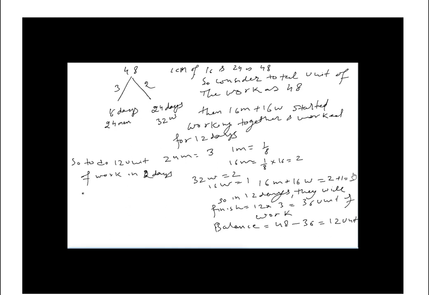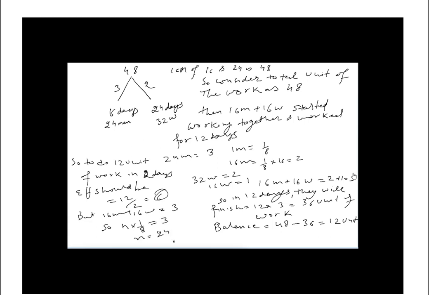Within 2 days these 12 units should be finished. So to do the 12 units of work in 2 days, there should be an efficiency of 6. 16 men and 16 women have efficiency 3.